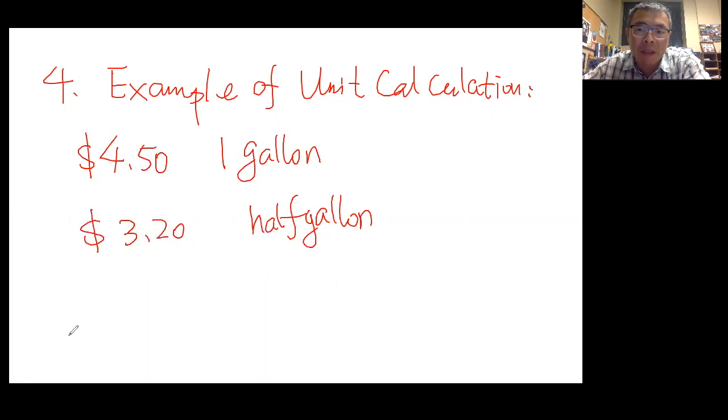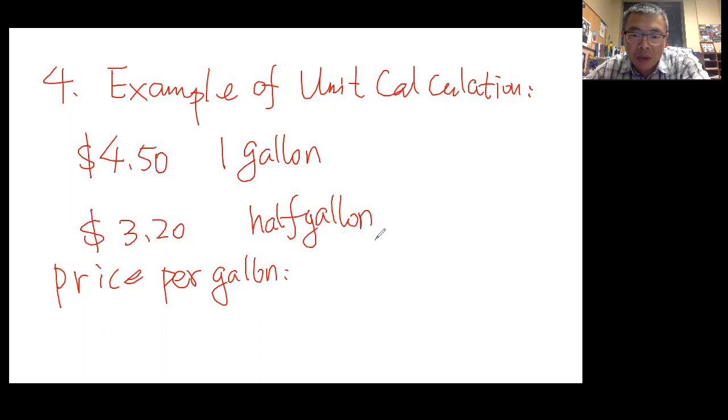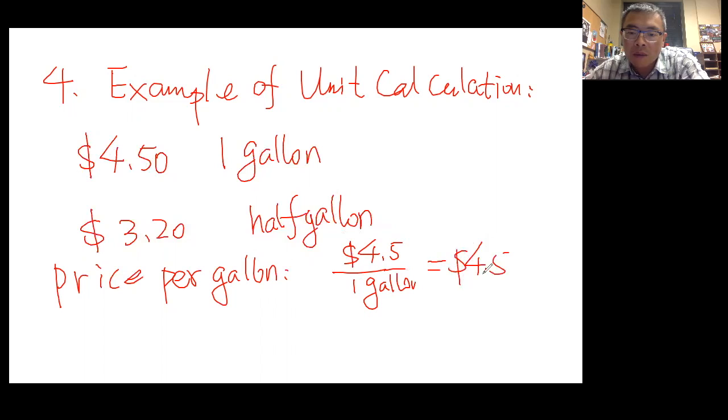Again, we're talking about something per, so price per gallon. How do you calculate it? You simply take whatever dollars you pay divided by the number of gallons you got. In the first case, you have 4.5 divided by 1 gallon, so the price per gallon is $4.5 per gallon.